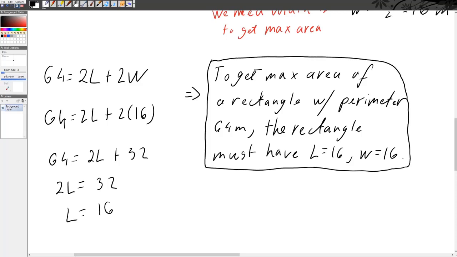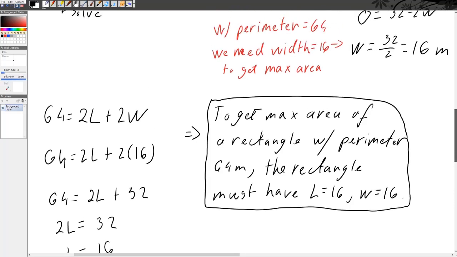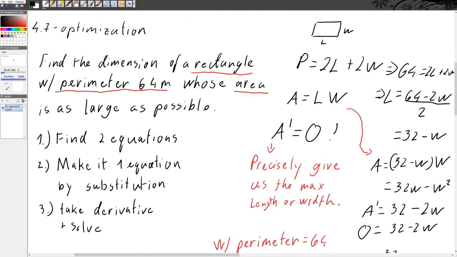So just to re-emphasize how to solve this problem, let's take a look. To find the dimension of a rectangle with perimeter 64 and maximal area, we find two equations, make it one equation by substitution, and then we take the derivative and solve.